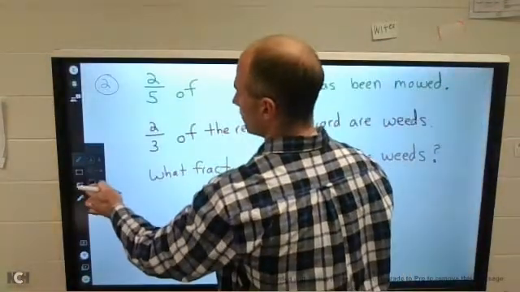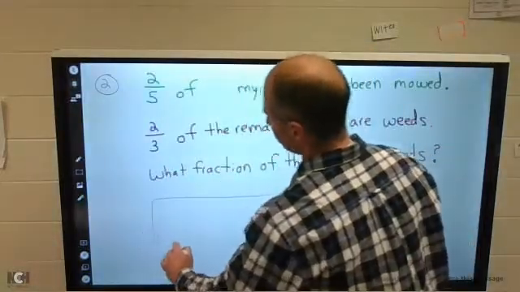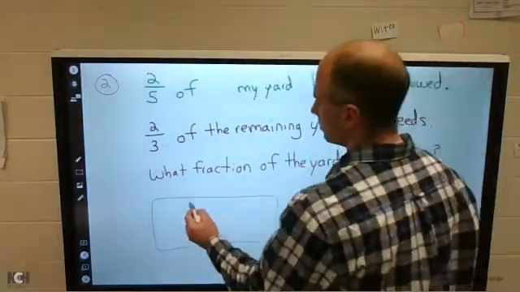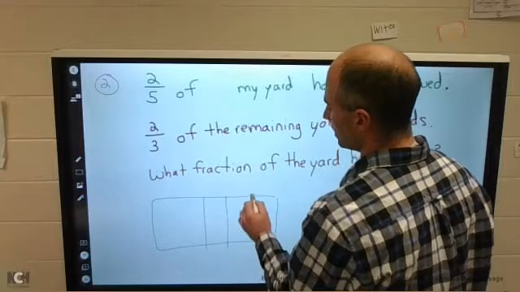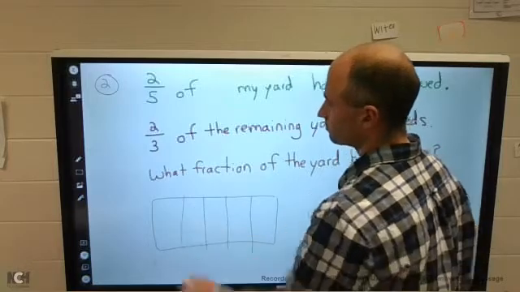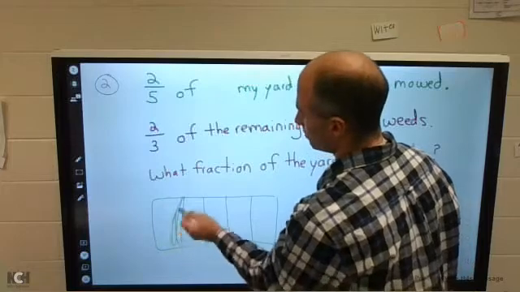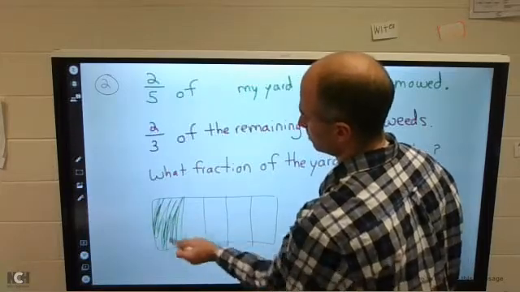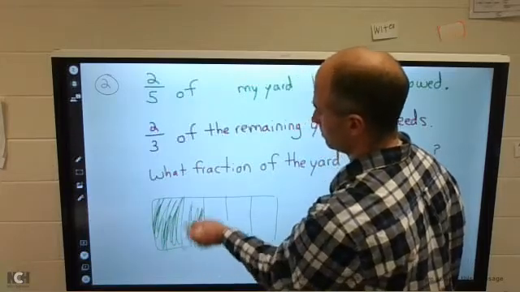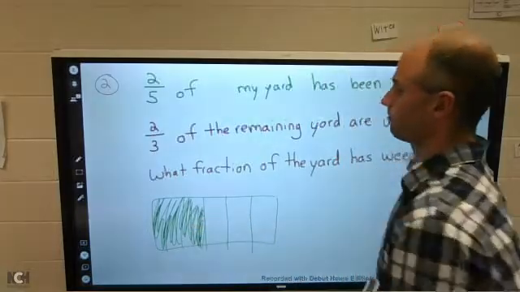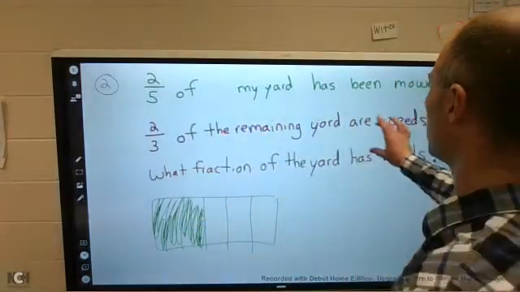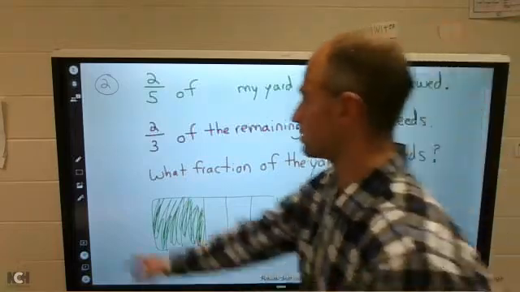So I'm going to create a box, pretending this is my yard. Break it into fifths, because that's my denominator. Recognize 2/5 has already been mowed. Two-thirds of the remaining yard is weeds.